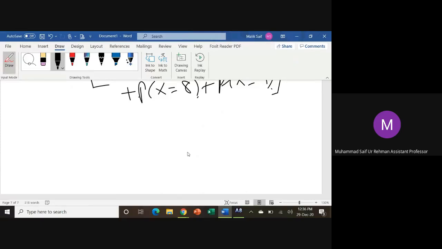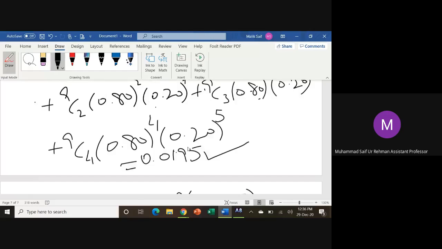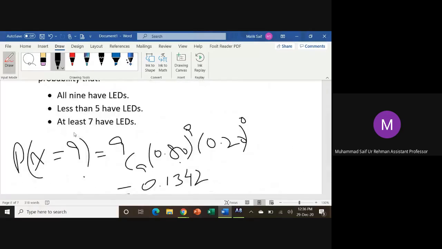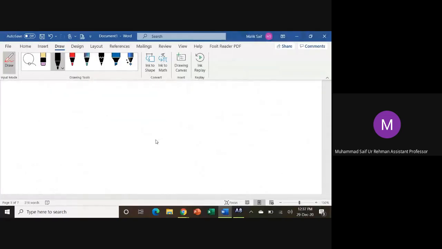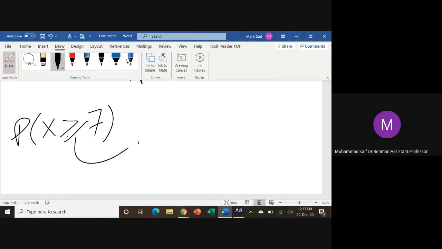Fine. Then there is the final question. At least 7 families have LEDs. So for at least, you have to write it as x greater than or equal to 7. Remember, this is for at least.